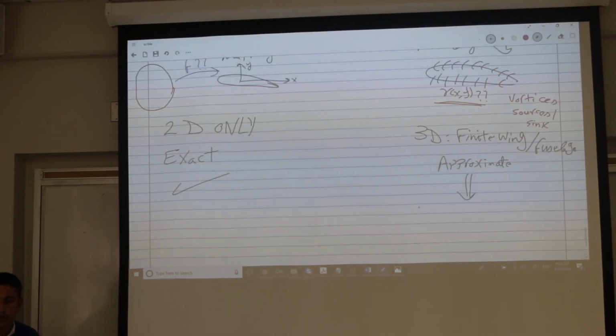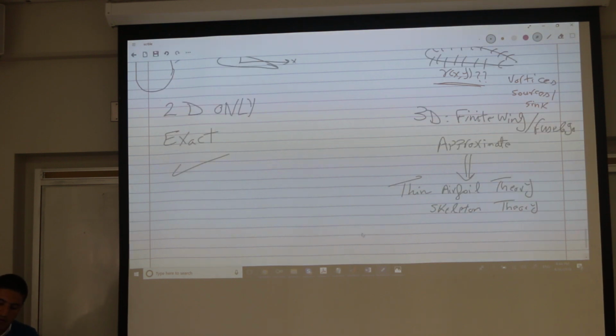The thin airfoil theory emerged. Sometimes it's called skeleton theory. Sometimes it's called theory of what?